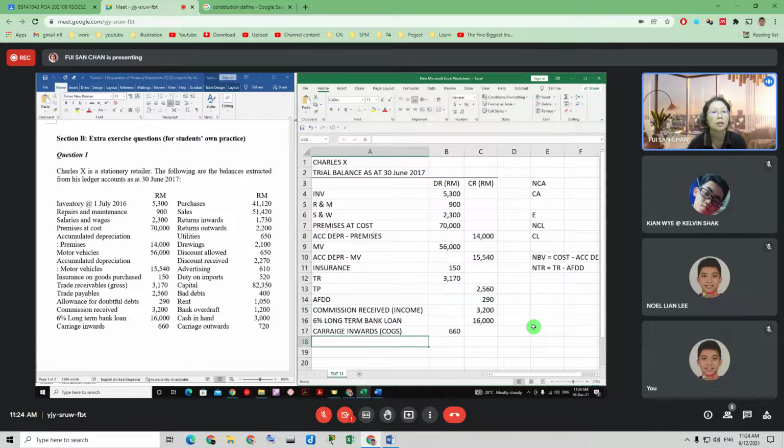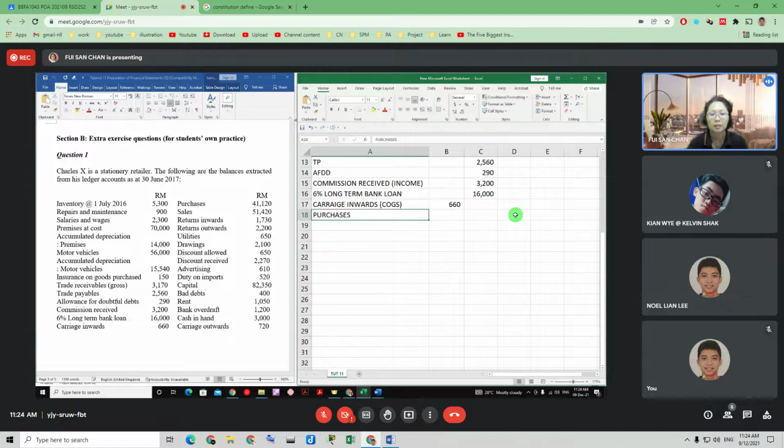Purchases: debit or credit? Debit. Purchases definitely debit. How about sales? Credit. Sales is definitely on the credit, right?